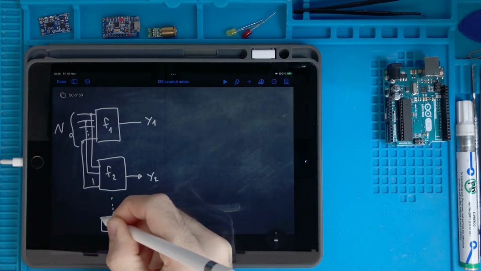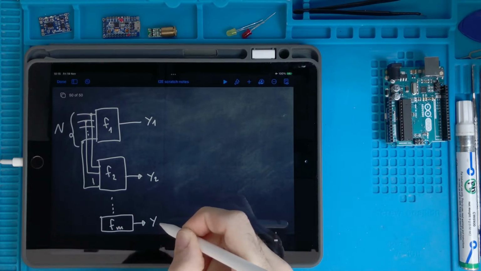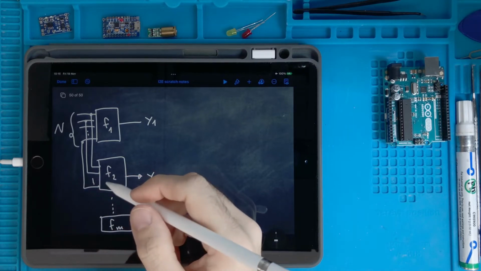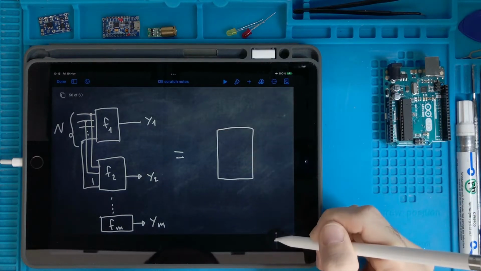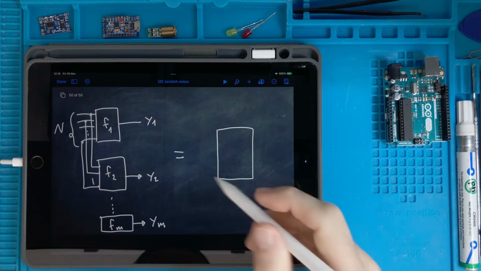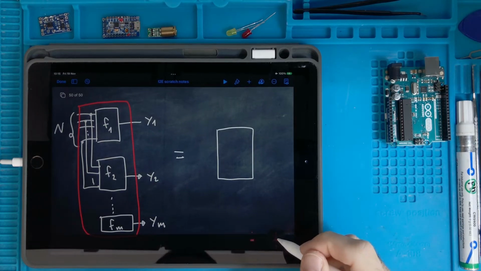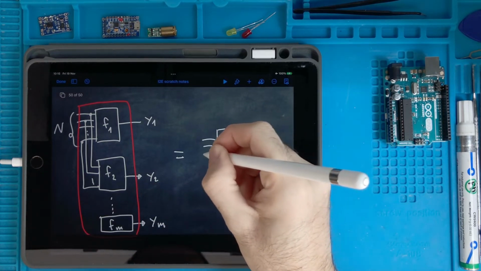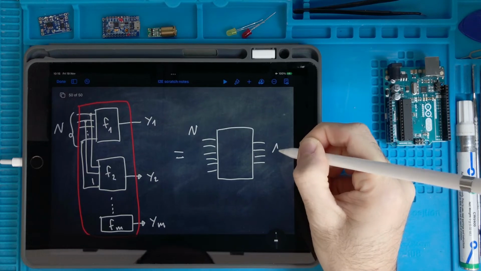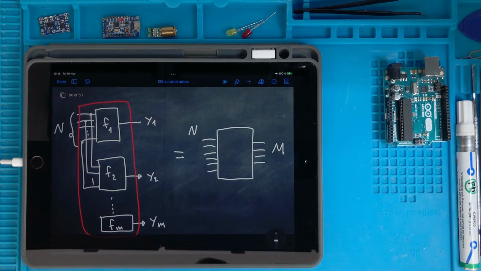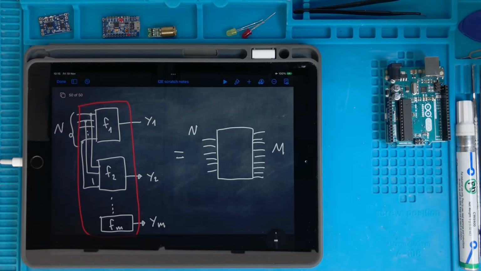Then we have another mth truth table producing an mth output, and this thing is like having a big black box, which is the black box corresponding to all those things collected together, where we have n digital inputs and m digital outputs, and m can also be greater than n, of course.